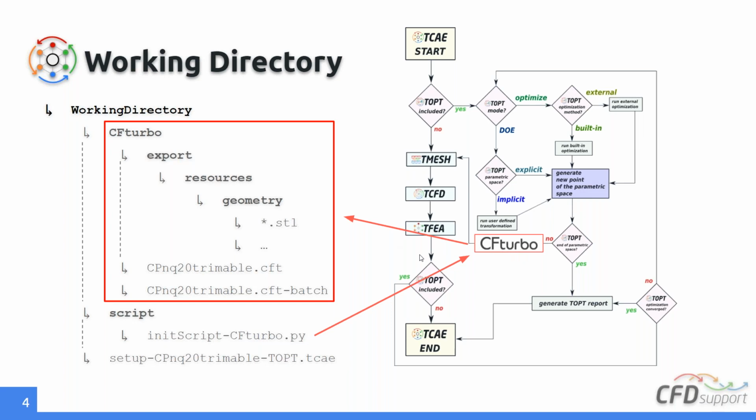After it exports the STLs, basically the geometry in STL format, it stores them in the same place, because it is defined there in the configuration file of CFturbo or in the project file. So when it is done, the TCAE loop can continue, and it automatically loads the new STLs from the given path.